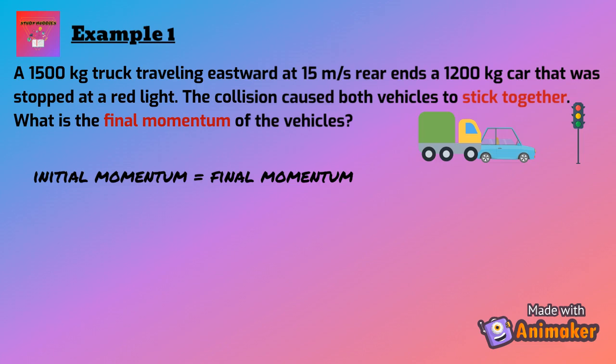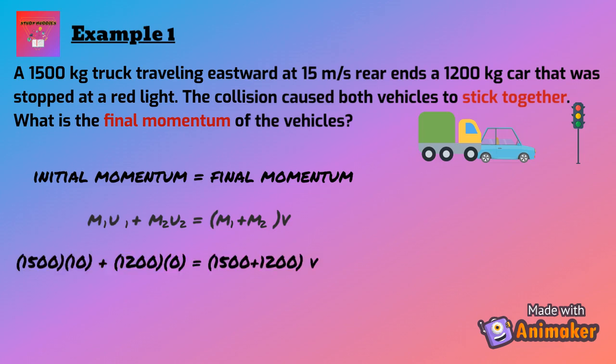Now, expand the momentum formula, and this will give you the equation m1u1 plus m2u2 equals m1 plus m2 times v. Substitute the values into the equation and find the value of v.